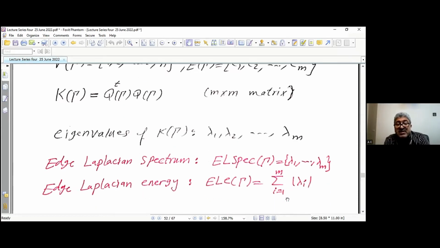And here is another energy, which is the H Laplacian energy. The H Laplacian energy of gamma is the sum of the absolute values of all eigenvalues of the H Laplacian matrix.